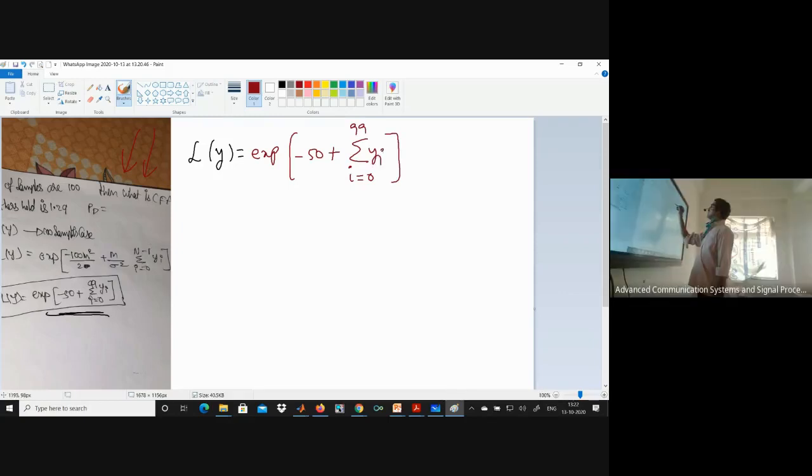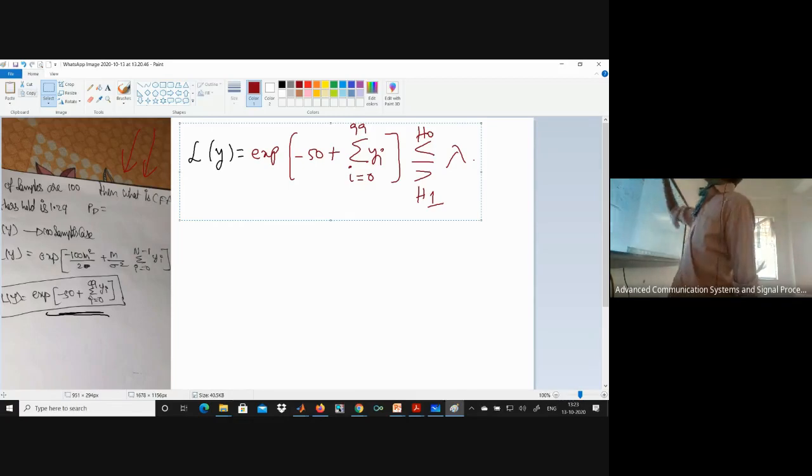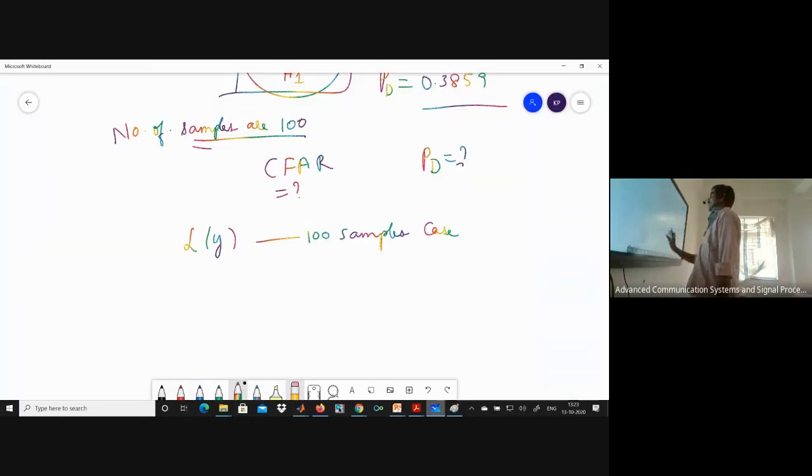If I am not wrong, this is lambda, and of course this is h naught, and this is h1. I would like to select this as it is, copy it, and paste it over here.